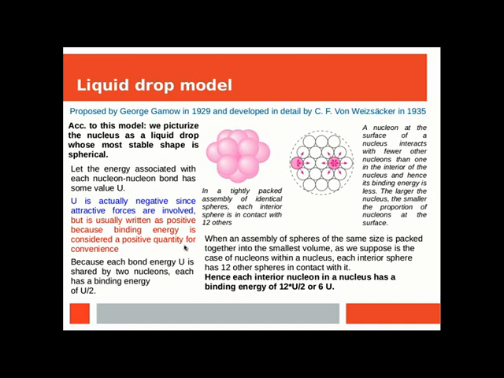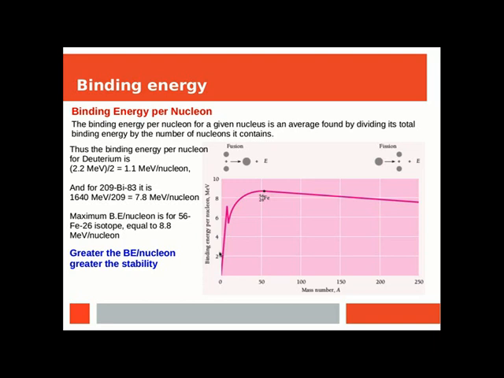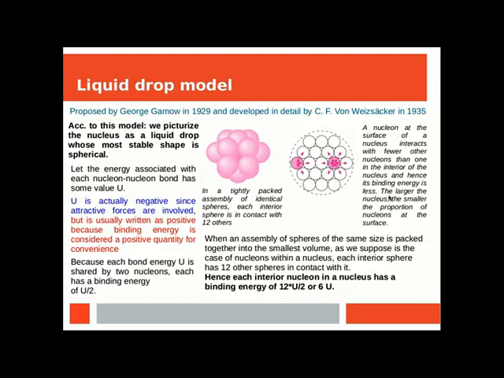Now you see the graph that we saw on the previous slide. If we get a particular graph or a pattern from experimental observations, it is always desired that there should be a theoretical model to explain that nature.